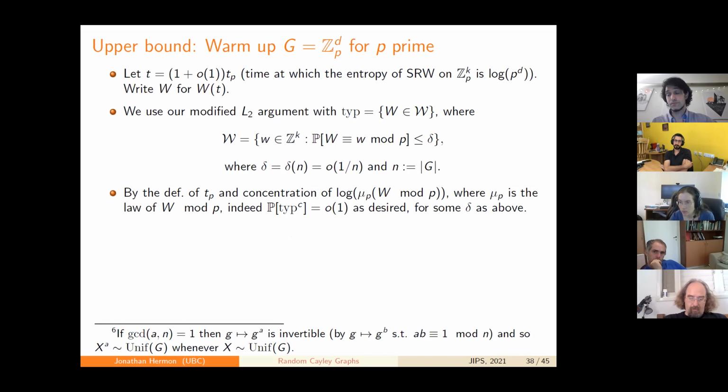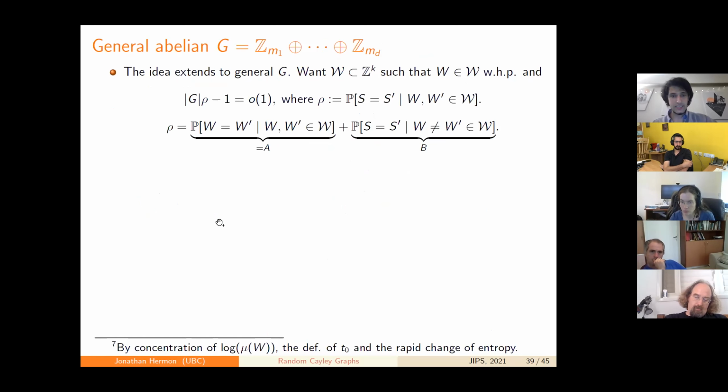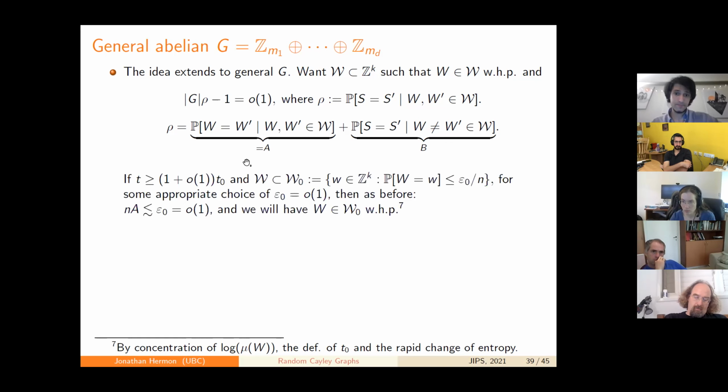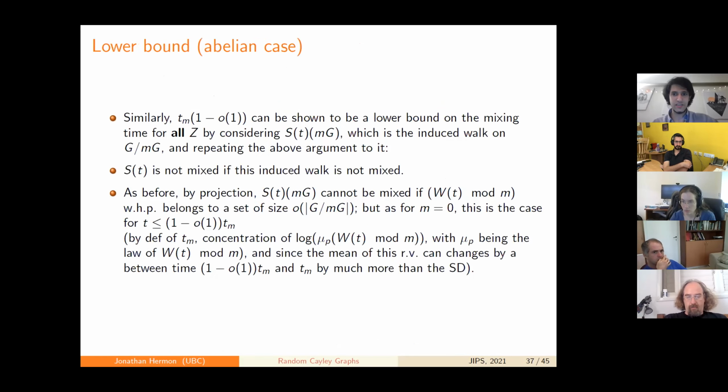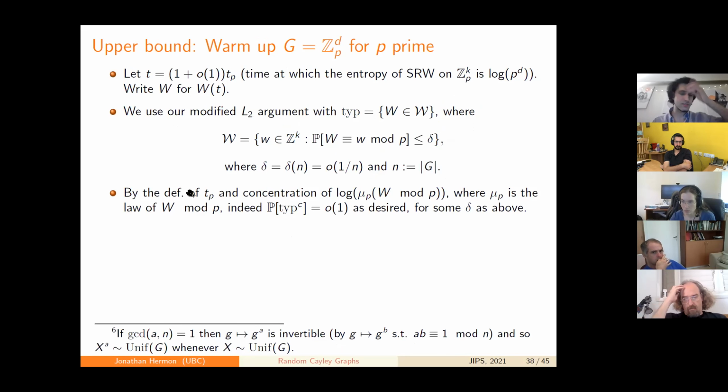So the group Z_P to the power D. So one option is for me to give you this one slide proof in this case. And then the other thing is a sketch proof of how to treat general abelian groups. Okay, I think it's more reasonable for me to just give the case of P groups, given the time.